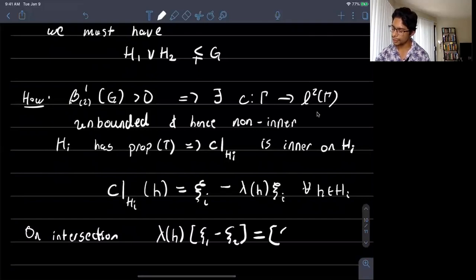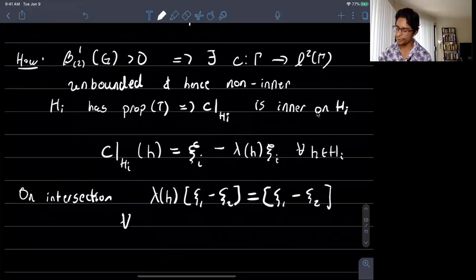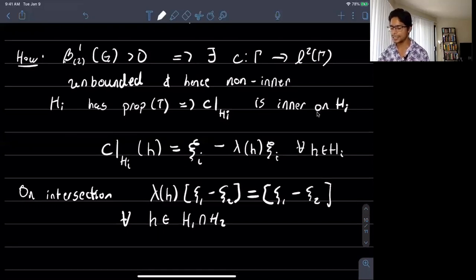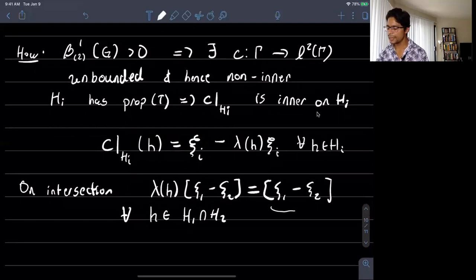This vector will be fixed by every H in this intersection. And since we're using the left regular representation, which does nothing but shift the indices, this can't happen unless this vector right here, this difference, was necessarily zero.